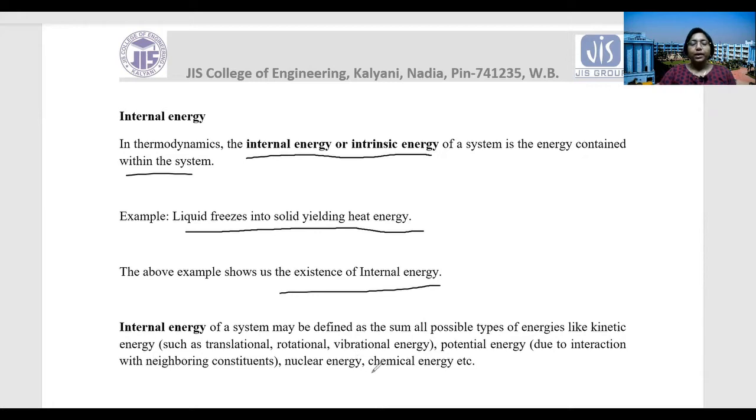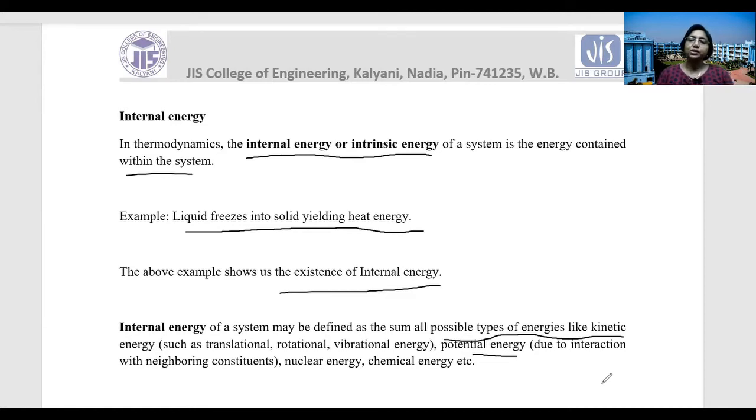Now, the internal energy of a system may be defined as the sum of all possible types of energies, like kinetic energy. Kinetic energy has different types like translational, rotational, vibrational, and then the potential energy, due to the interaction with neighboring constituents, nuclear energy, chemical energy.